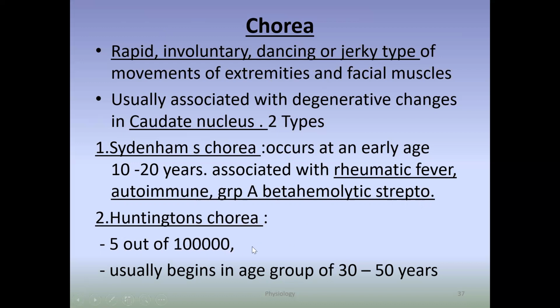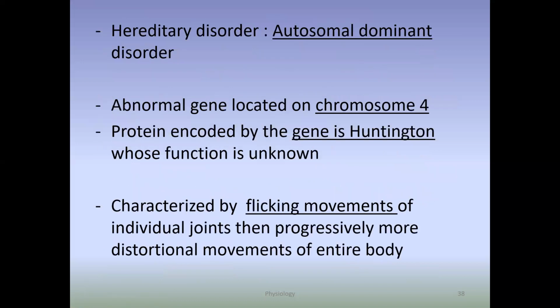Again, Huntington's chorea is an inherited disorder present in 5 out of 1 lakh patients. It usually begins at 30 to 50 years of age. It is an autosomal dominant hereditary disorder, and the main cause is an abnormal gene located on chromosome number 4, called the Huntington gene.